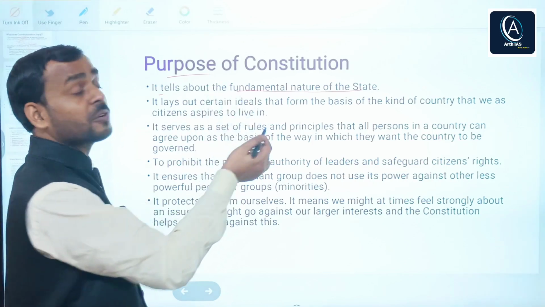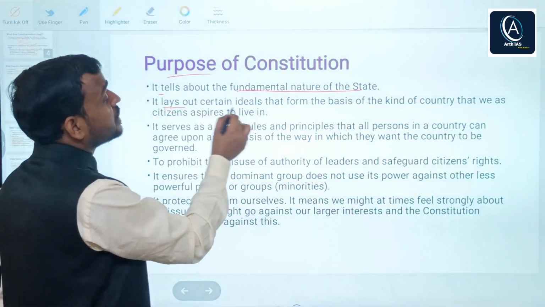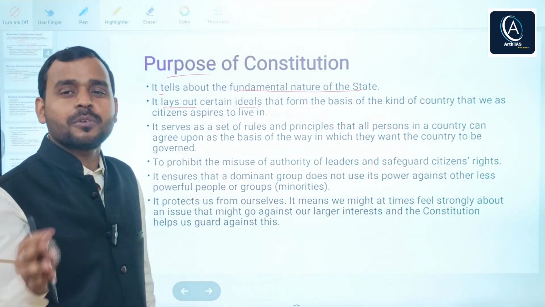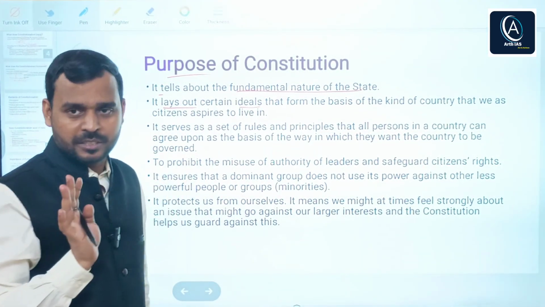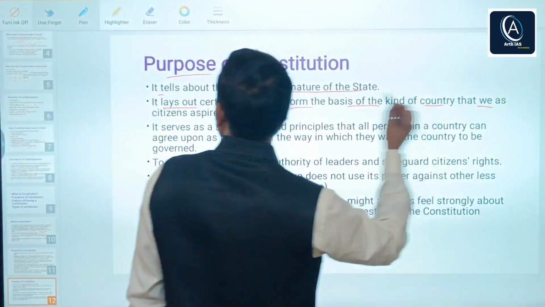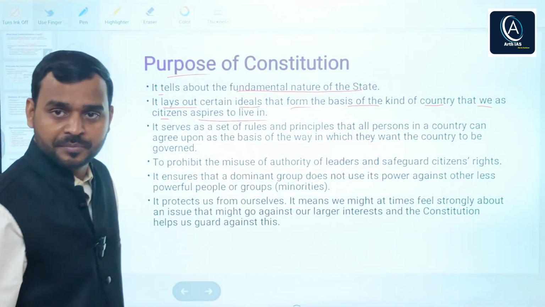So it tells about the fundamental nature of a state. Second, it lays out certain ideals. Secularism, socialism, all these are nothing but ideologies, so that they form the basic kind of country that we as citizens aspire to live in.